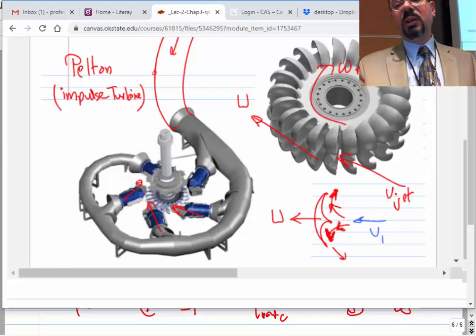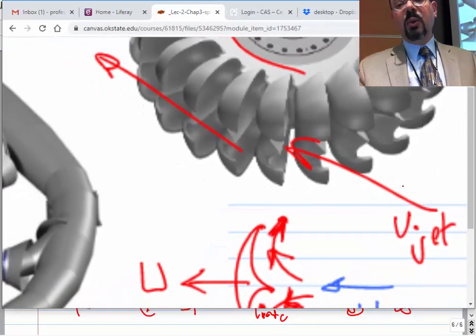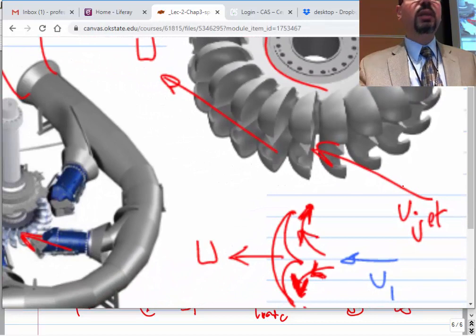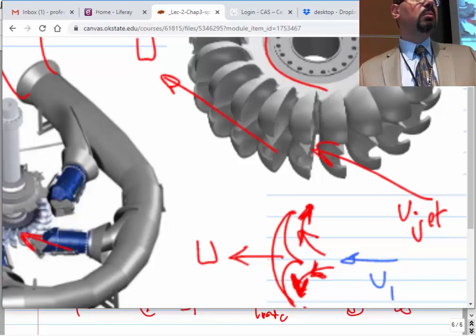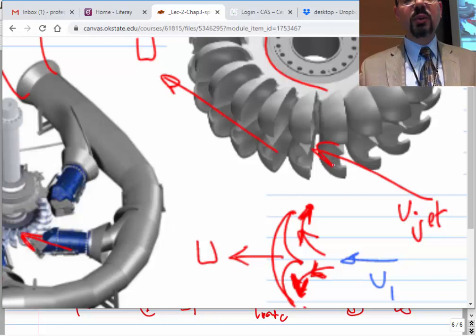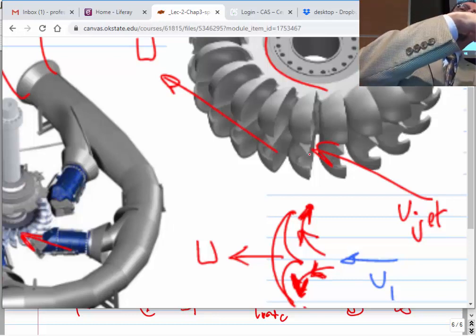And also if you open like this, when the water hits this bucket, it needs to leave, right? So it basically hits the center, and then the water leaves from this side and that side. And to get the maximum impact or the maximum momentum transfer between the two of them, you want to hit the plate when it's really normal to you, right? Not when it's at an angle.